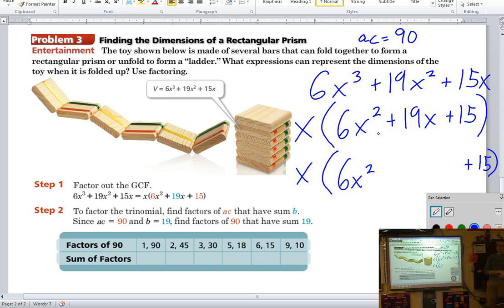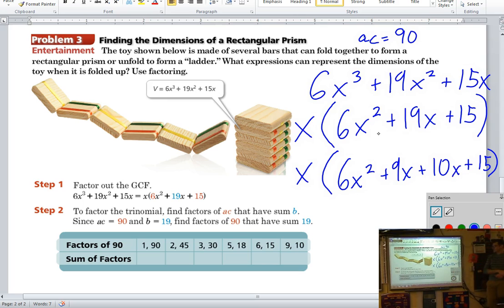And then you look at B, which is the number in front of just x, which is 19, and you have to see what 2 numbers add to get 19, sum to my B, and multiply to get 90, multiply to my AC. It's 9 and 10.